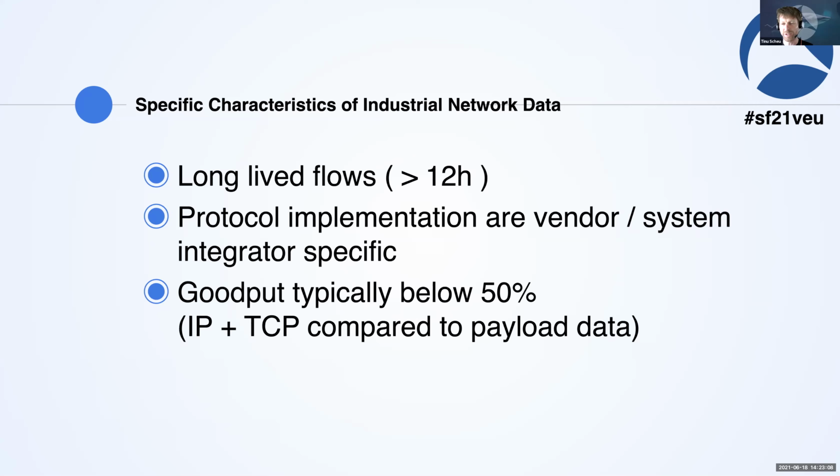Also, similar to what Matteo said with TCP payload 0, in industrial networks the payload is almost 0. There are some 50 kilobytes, maybe sometimes 200, but the goodput is typically below 50%. So if you have some measures in place, like performance measurement, you will see a difference when you start to monitor industrial network traffic.